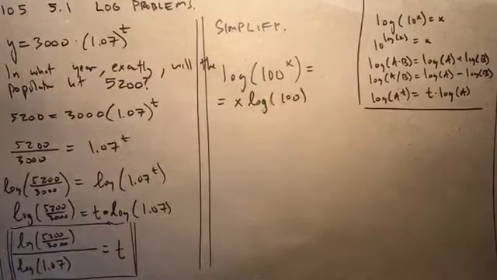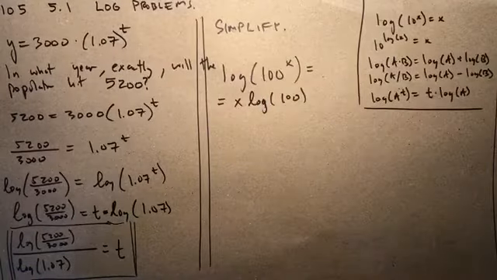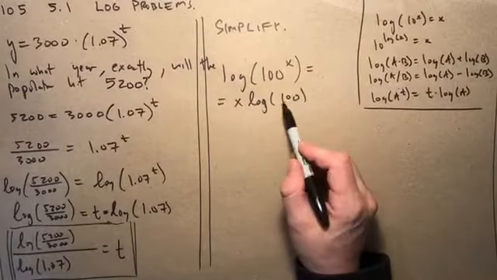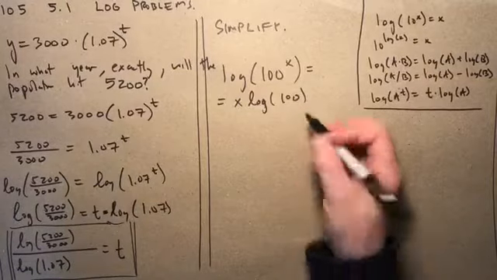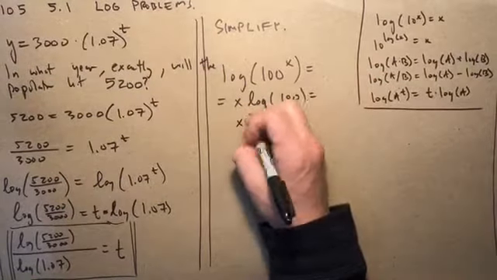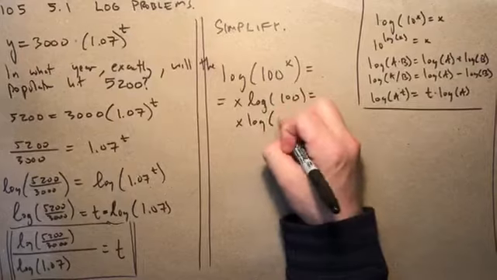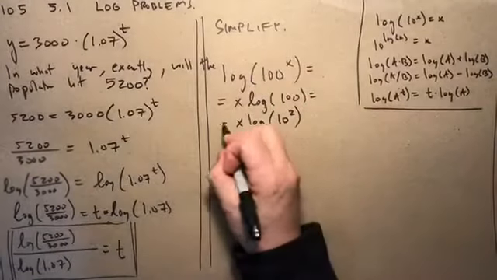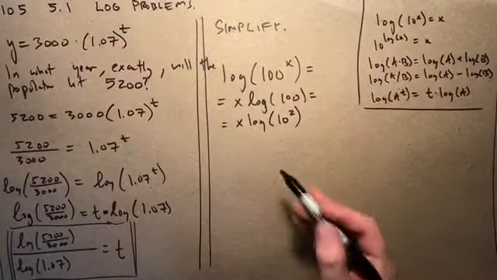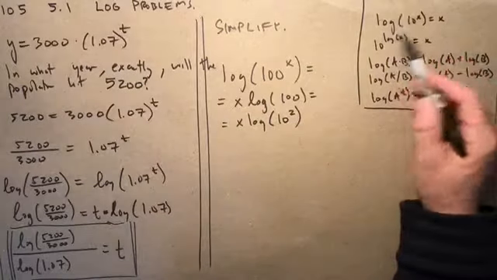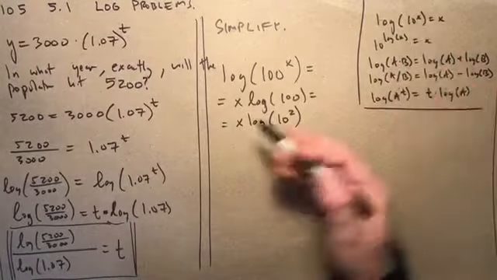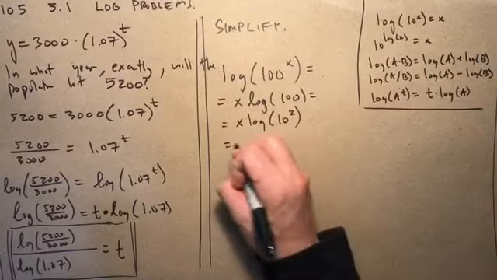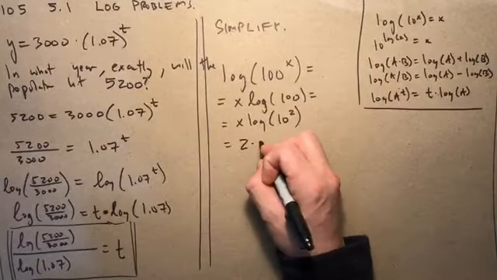But I think we can keep going. And the reason I think we can keep going is that 100, I could express that as 10 squared. Yay, nay? And so by having the log of 10 squared, I can see that we're really using this inverse property, and murder will occur, and we'll be left with 2 times x.